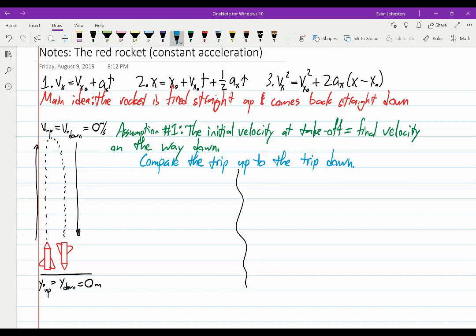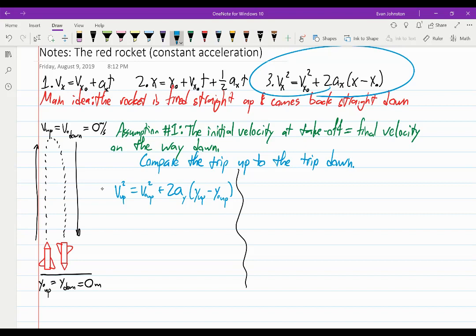So for the trip up, we'll say that this equation is the final speed on the way up squared, and again, I'm using equation 3 here, is equal to the initial speed on the way up squared plus 2 times the acceleration in the y direction times how far it goes.